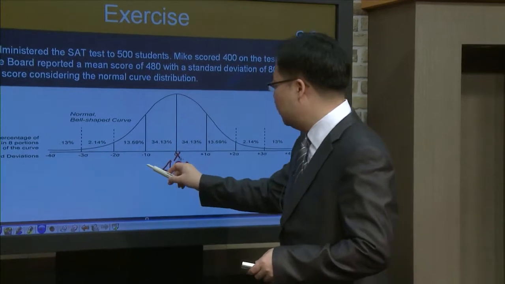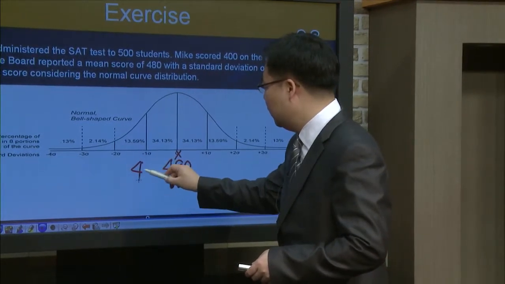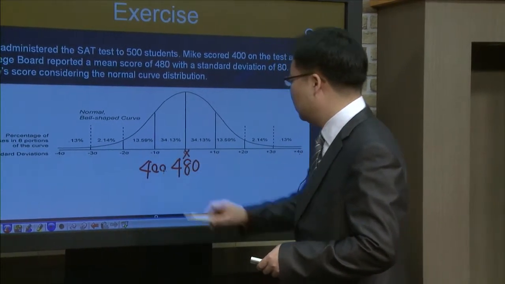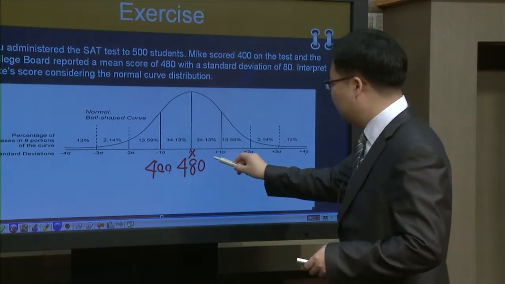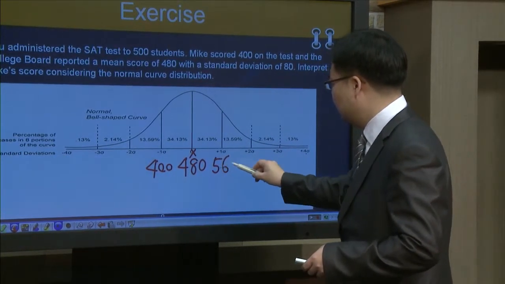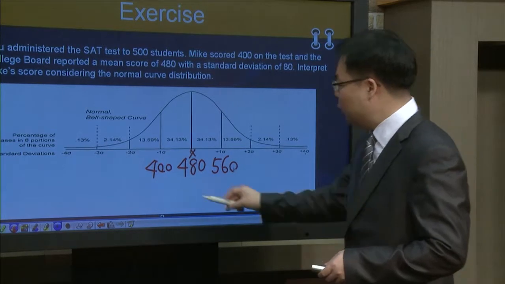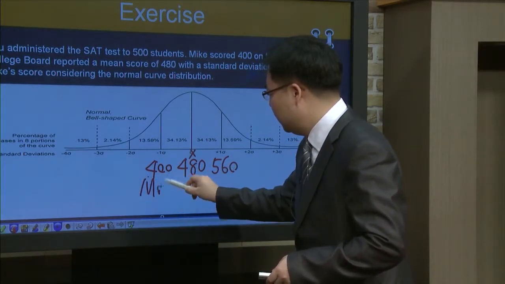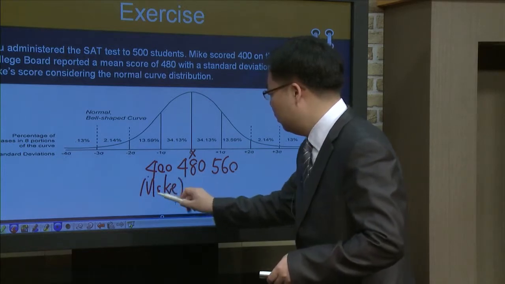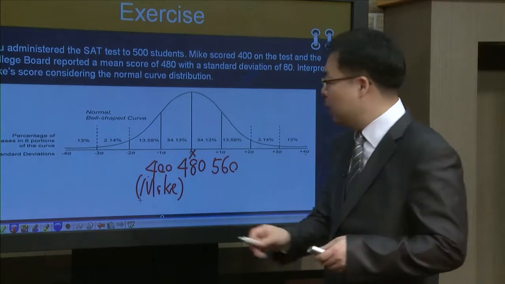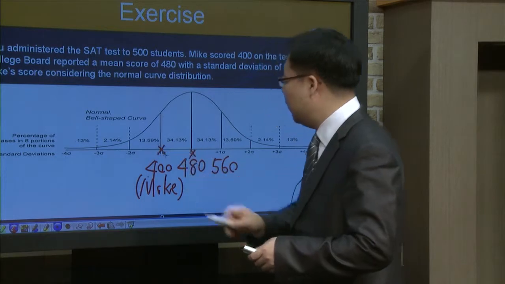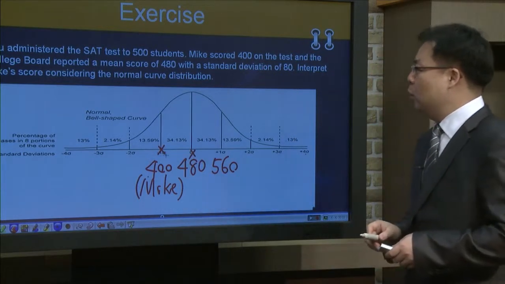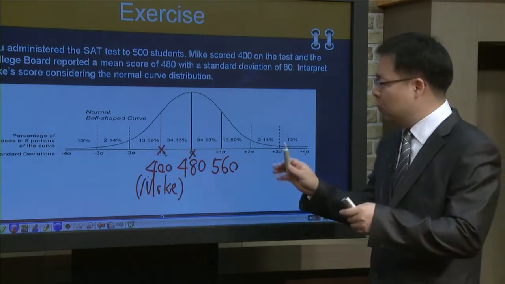So here is the 400, and this one is 560. Okay, and actually this is the point where Mike scored. So Mike's score is right here. Okay. So we can interpret based on this information.